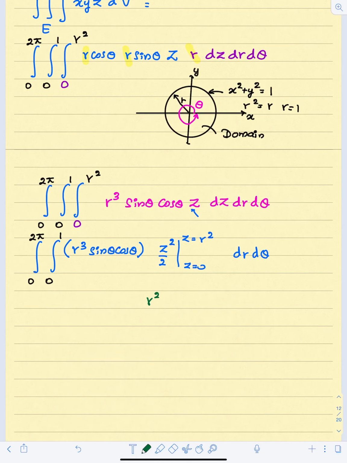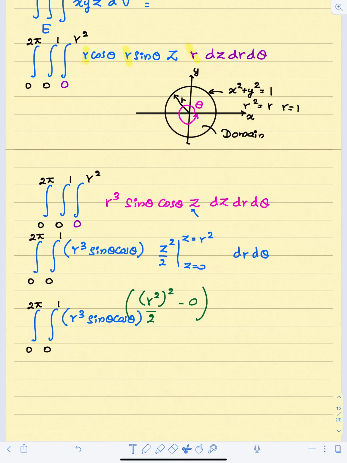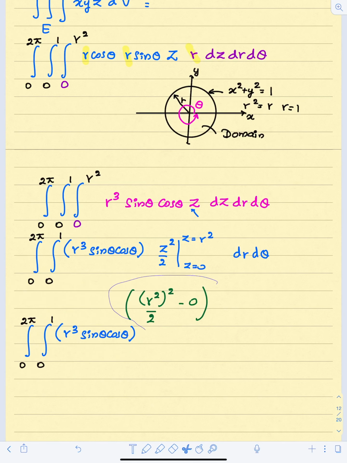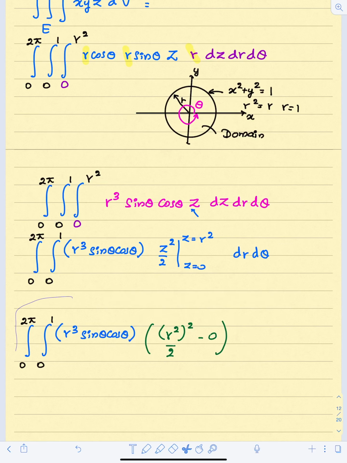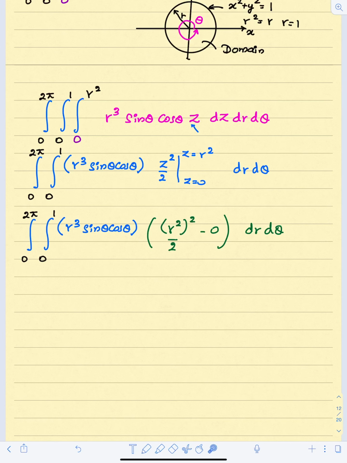You get r squared to the power 2 over 2 minus 0 times the remaining part, dr d theta. r squared to the power 2 is r to the power 4 times this r to the power 3 is r to the power 7.